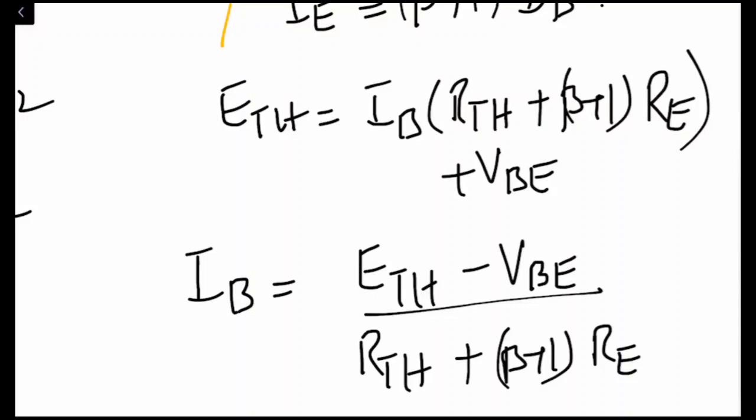And the rest of the equation for IB is similar to the equation we obtained in the emitter biased configuration circuit, right? Are you with me?